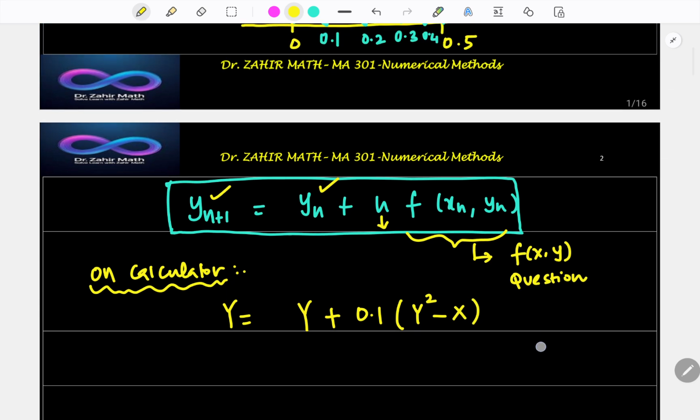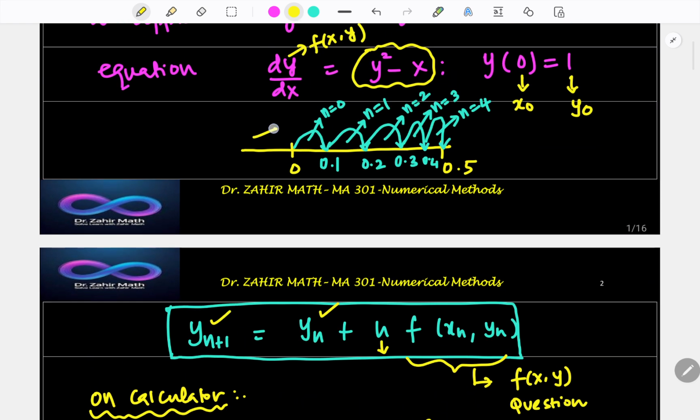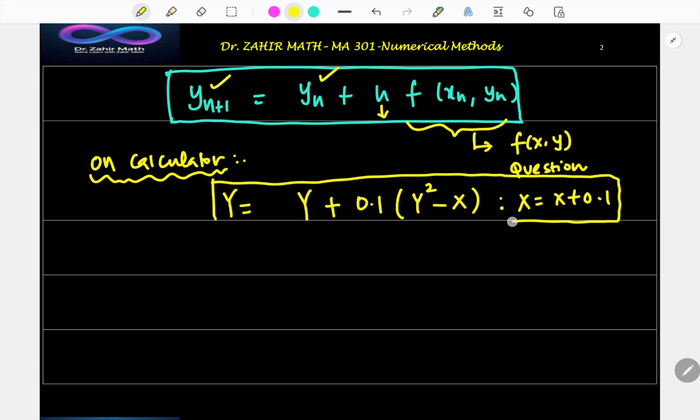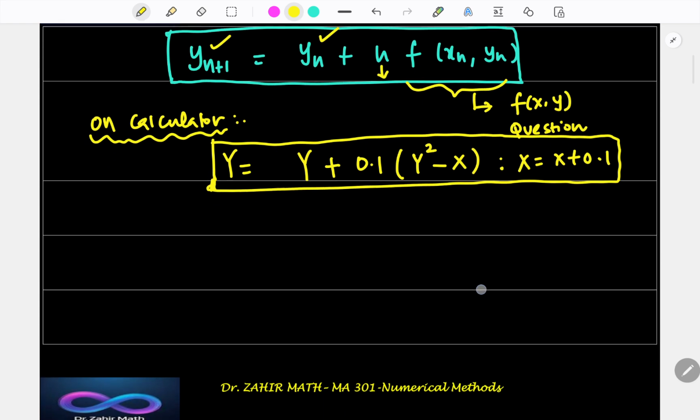We are jumping 0.1, again 0.1. So you put the colon and then write x equals x plus 0.1. This is the formula you are going to type in the calculator. Once you type this, the work is so easy, right?